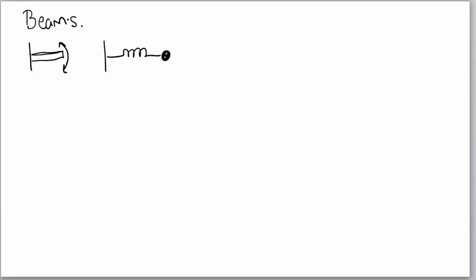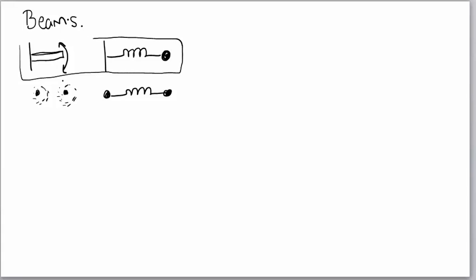Okay, and if we're talking about atoms that are oscillating together, we'll see that this is analogous to two masses with a spring between them. But for today, we're really going to focus on this single mass on a spring beam object.